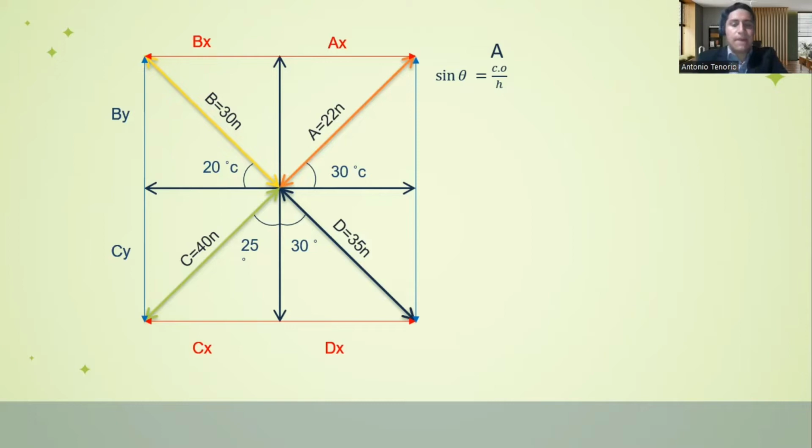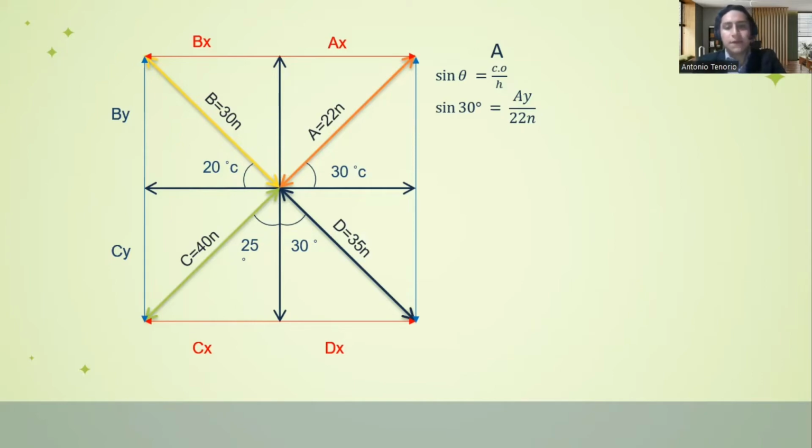So the first step is sine of the 30 degree angle equals AJ, the opposite leg to the 30 degree angle, over 22 newtons, which is the orange line or vector A.